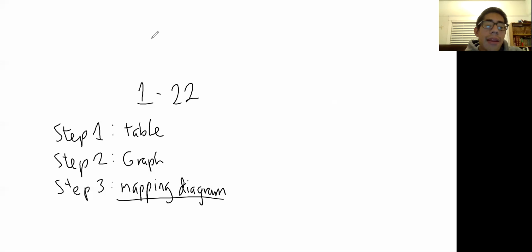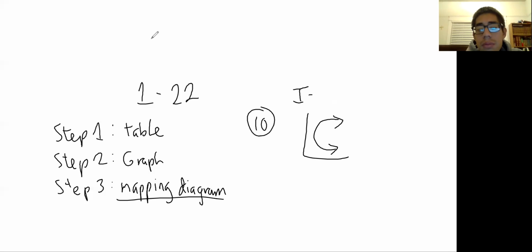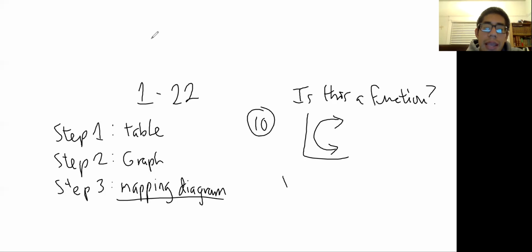In addition to that, for the problems that are just graphs, like problem number 10 or something, where they give you a graph and they're just asking, is this a function? Or they're asking, does this pass the vertical line test? You can say yes, it does pass, or no, it does not.